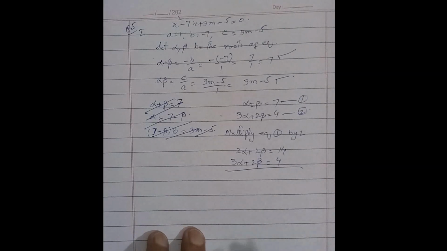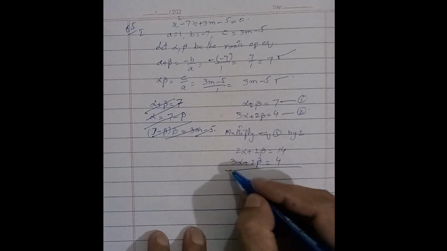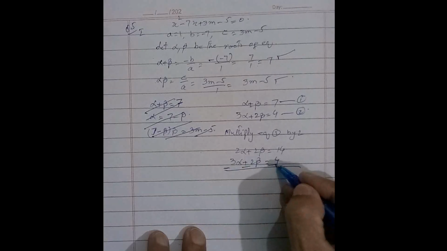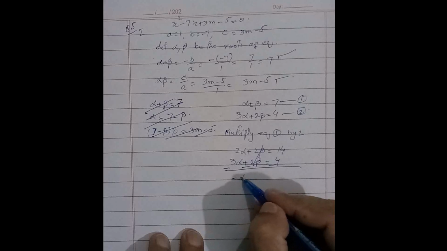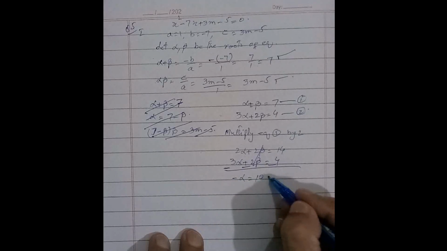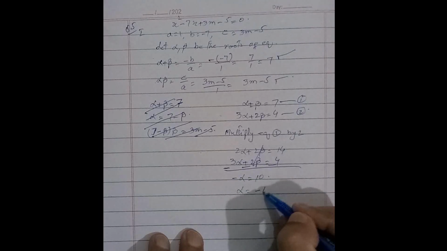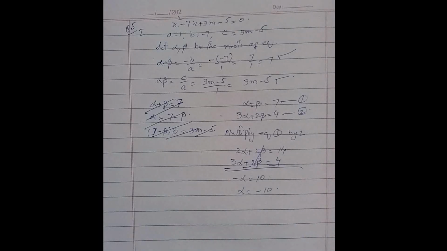And now we subtract these two equations, we get minus, minus and minus. These values cancel each other, we get minus alpha is equal to plus 10, and alpha is equal to minus 10.